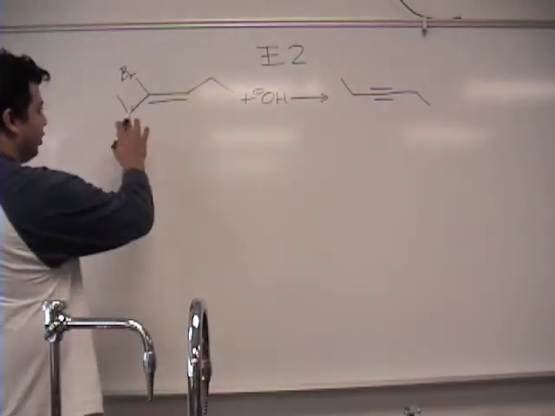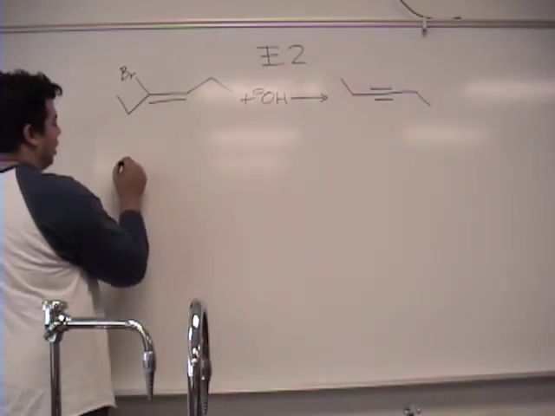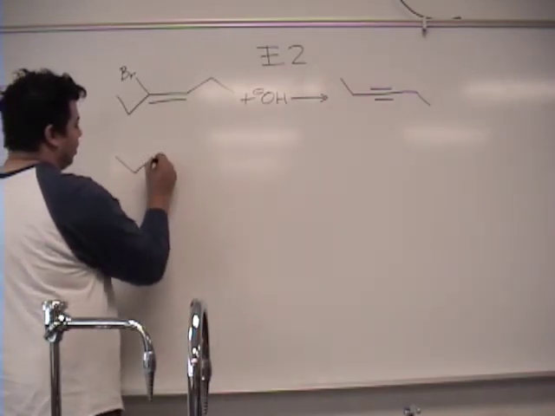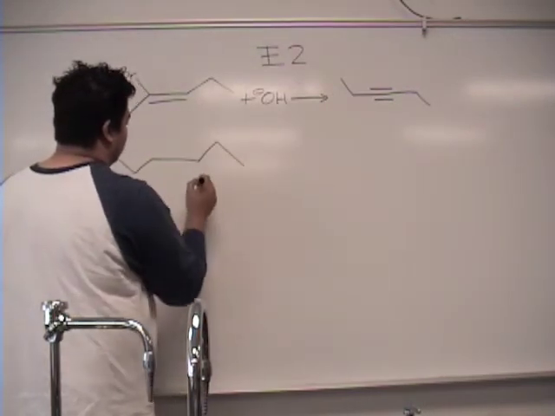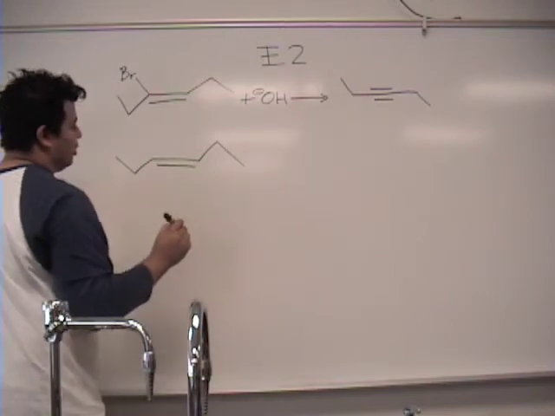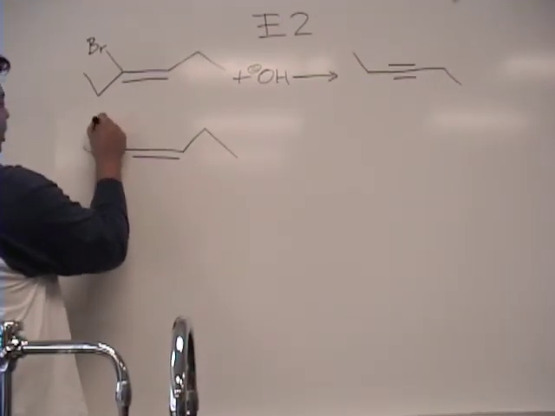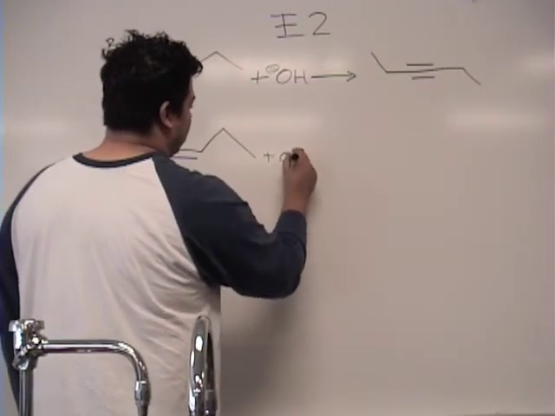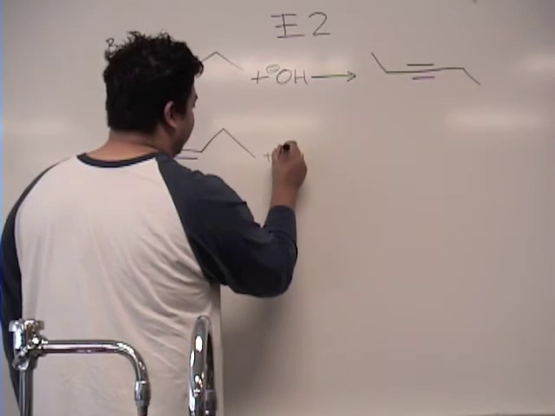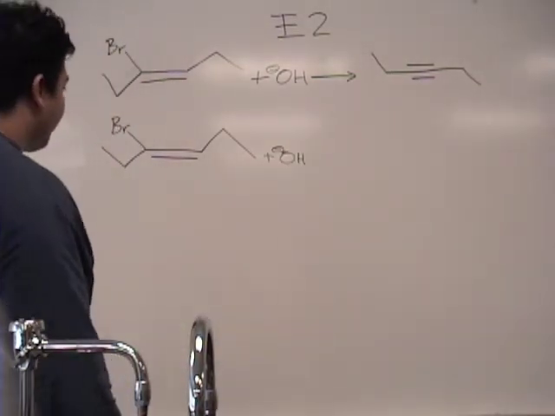So what I'm going to do is I'm going to copy this on this side, and I will do this, okay, and then I have my leaving group right here, plus OH minus. But I know it's going to be a base because we're doing an elimination reaction.